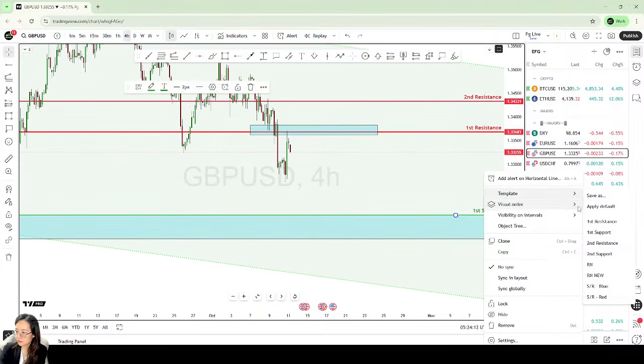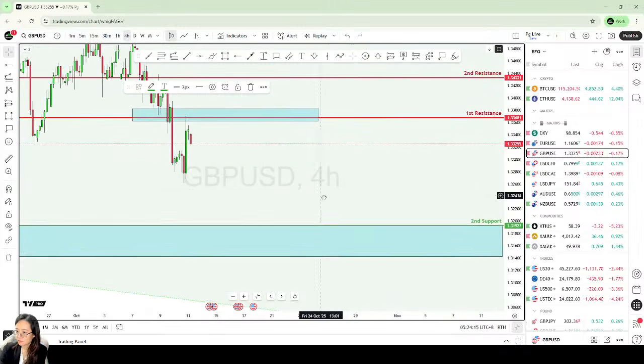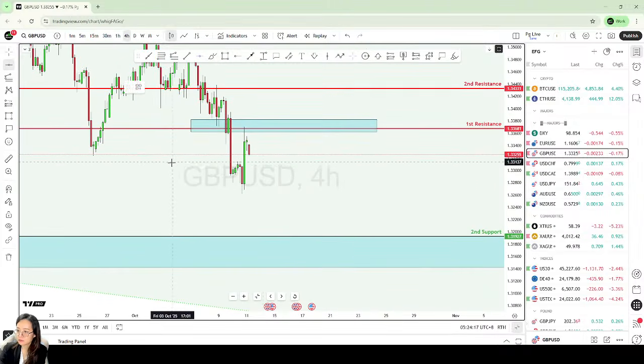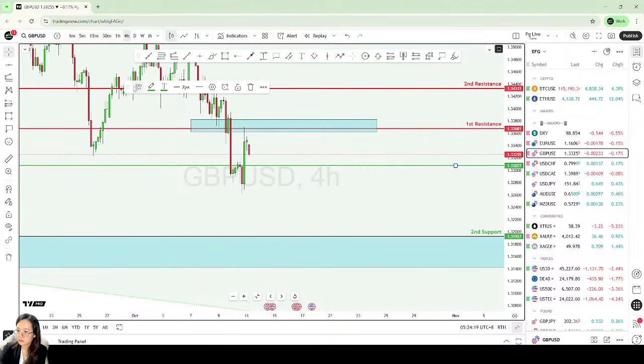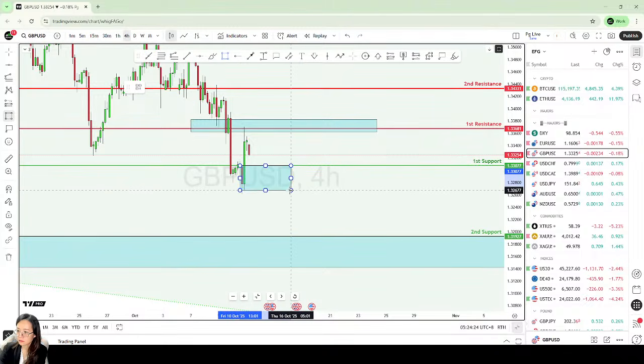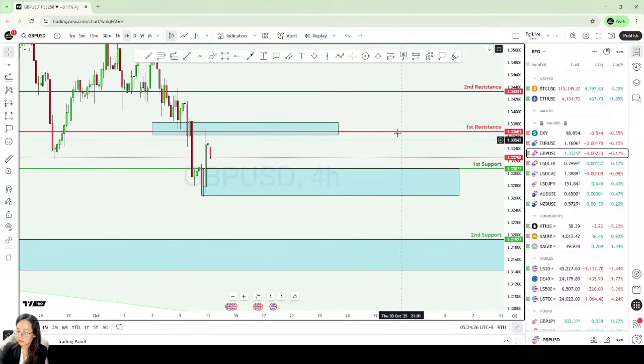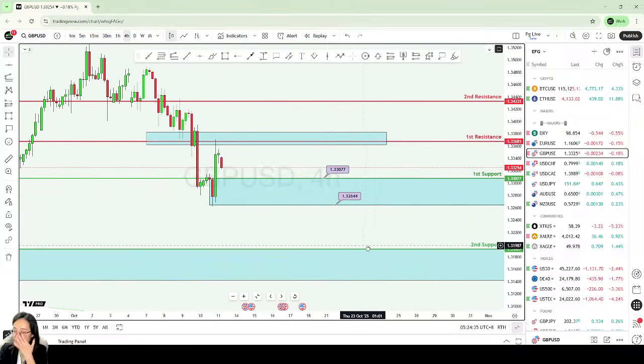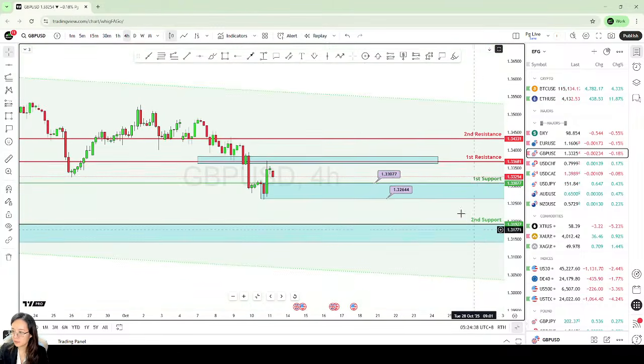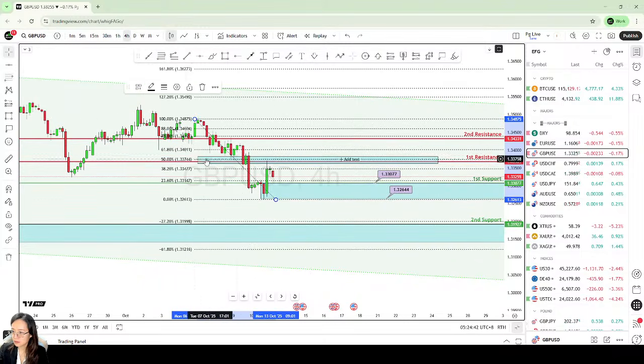This is the second, and first we're going to refer to this. Okay, this is the H4 time frame. I'm going to draw from this the 50% and 78.6%.